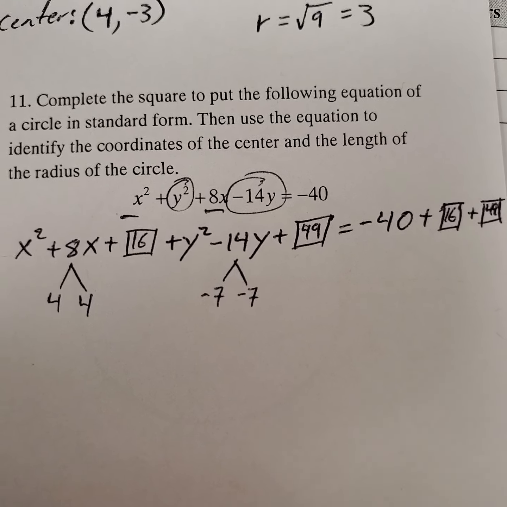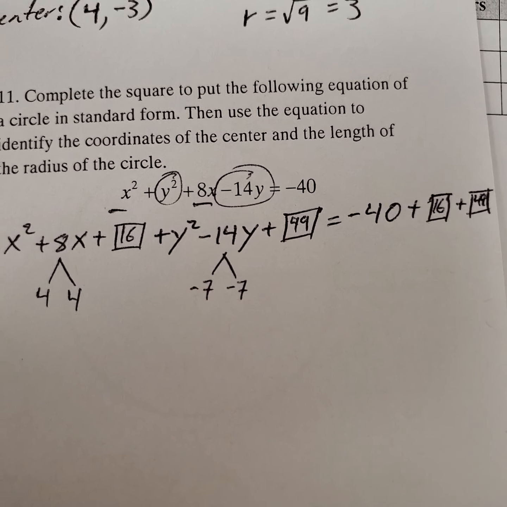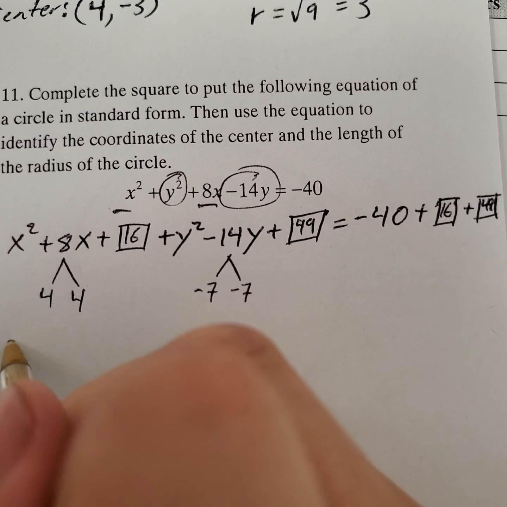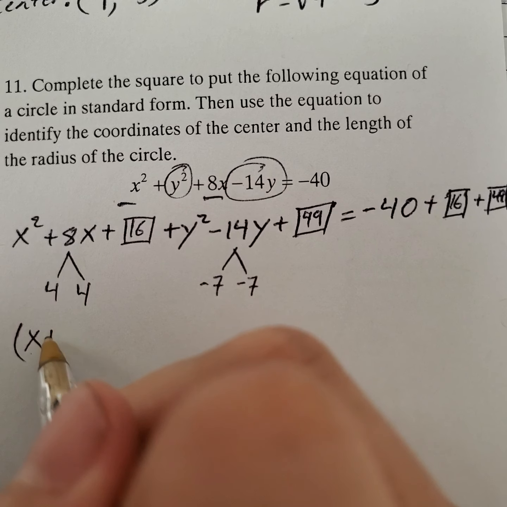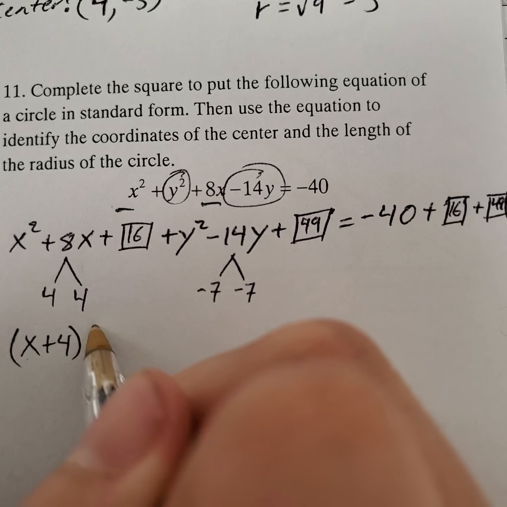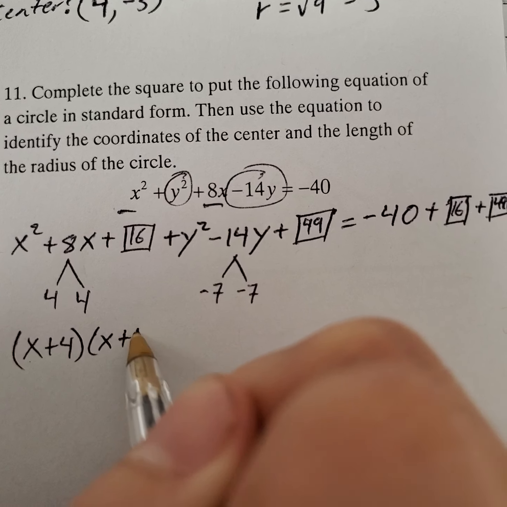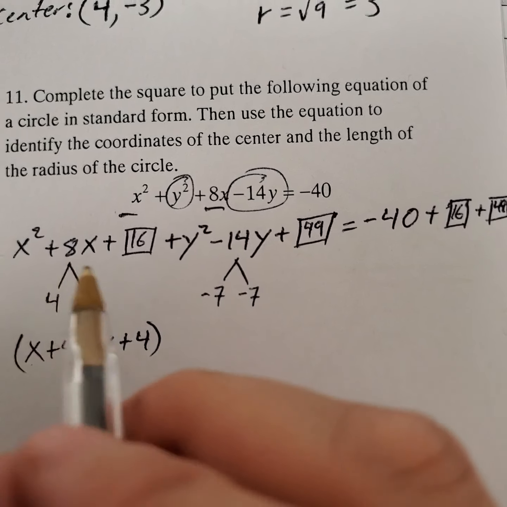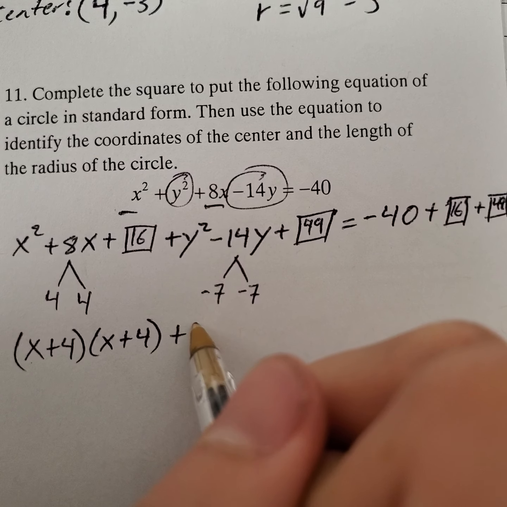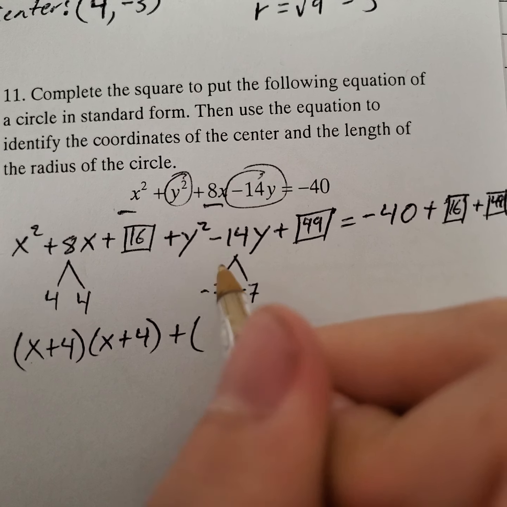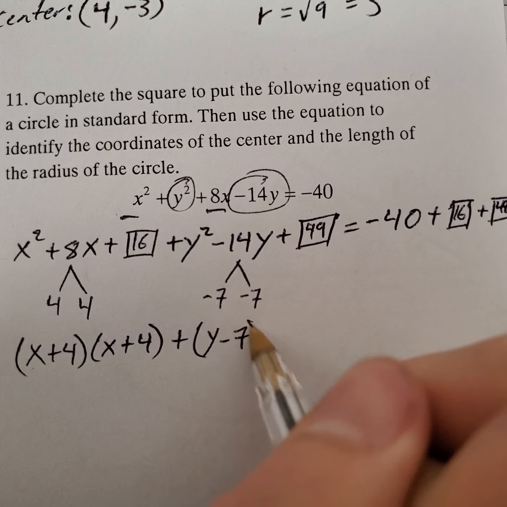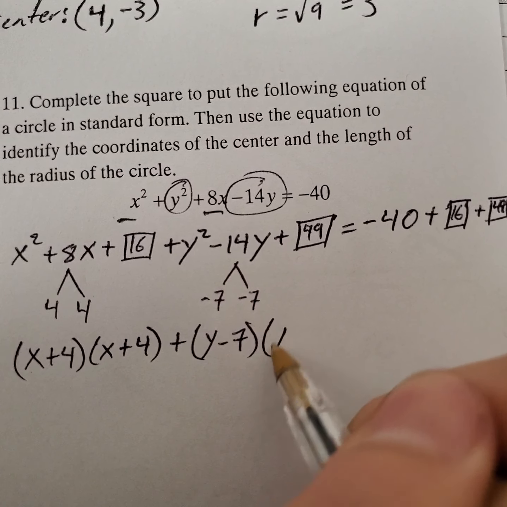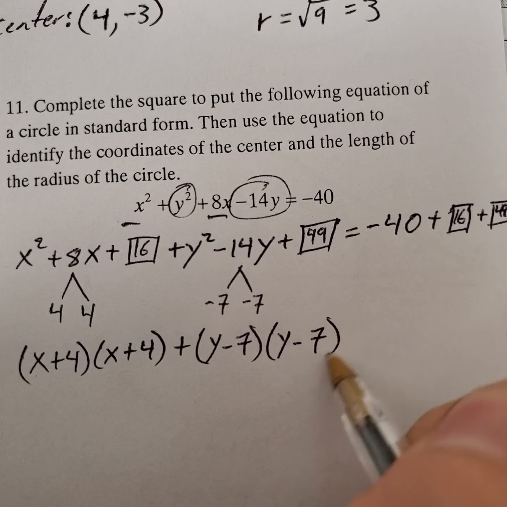All right. So it's time to start going to the next step. Here this was for x. So I'm going to have x, this positive 4 plus 4. Another x plus the other 4. Then plus, this is for y, so it's going to be y minus that 7 times y minus the other 7.